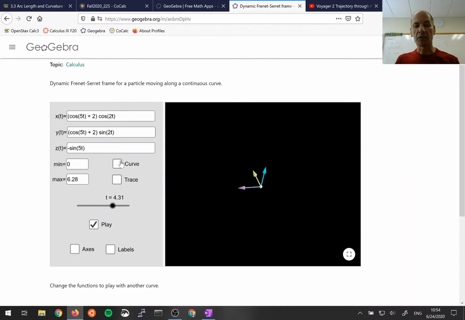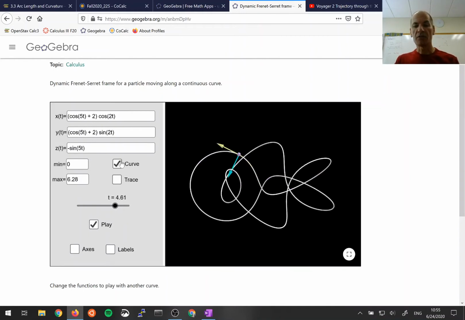Let me turn on the curve, and you can see that it's following this curve in space. Now that we see the curve, we begin to understand which are which. Can you look at the three vectors and figure out which is the tangent vector, which is the normal vector, and which is the binormal vector? You could pause and think about it a little bit here.